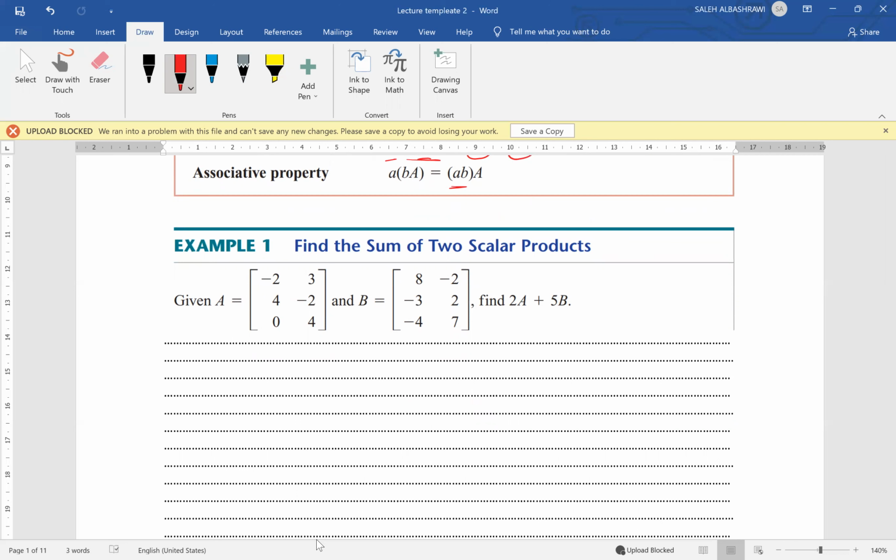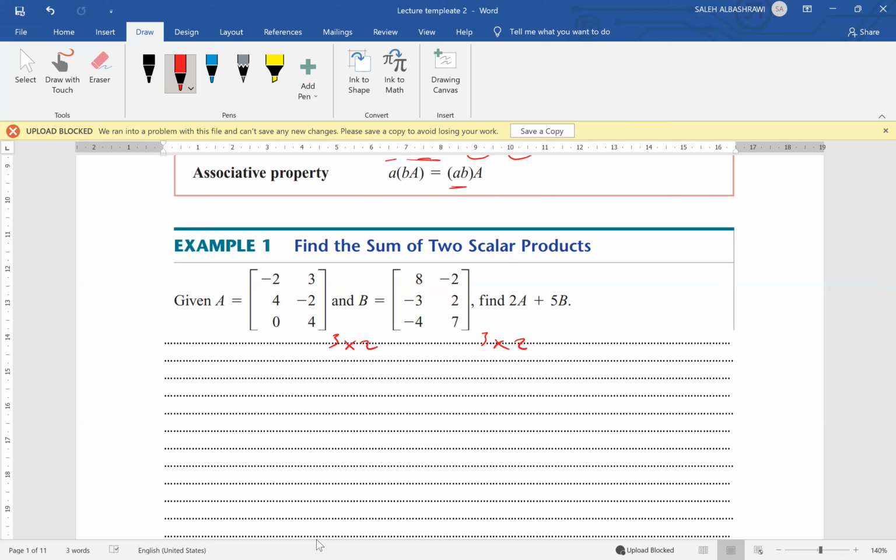And we need to find 2A plus 5B. First of all, the size of the matrix A: we have 3 rows, so it is 3 by 2. And B is also 3 by 2. So these two matrices have the same order or the same size.